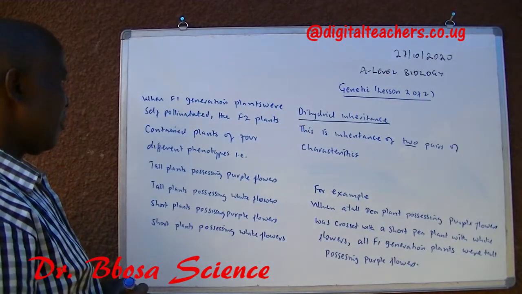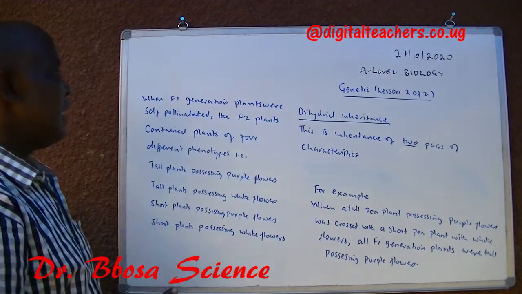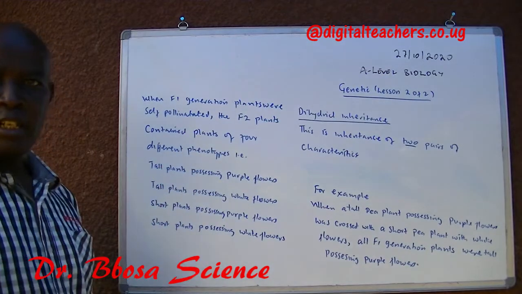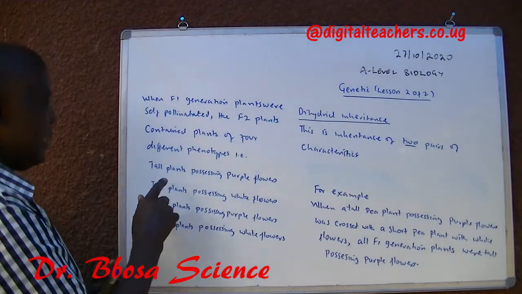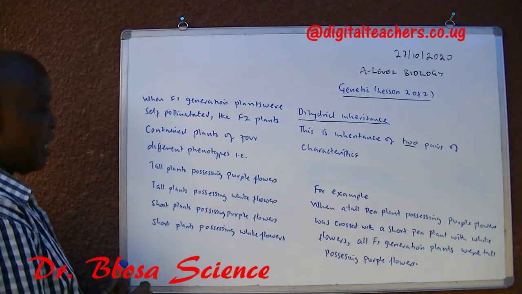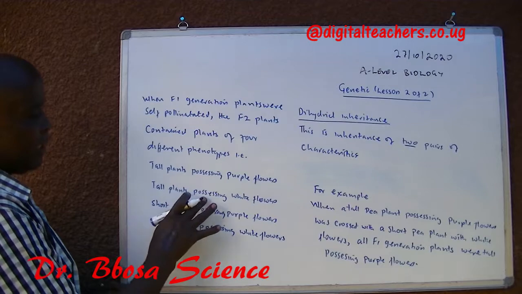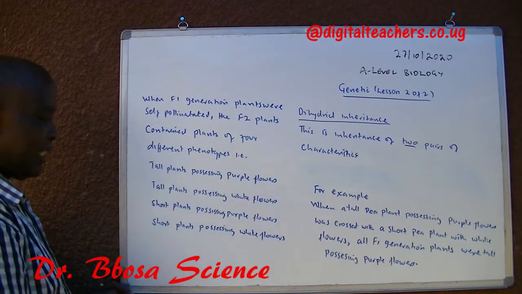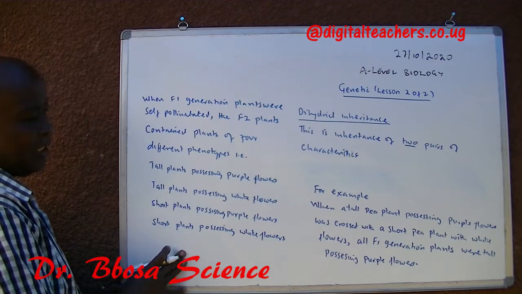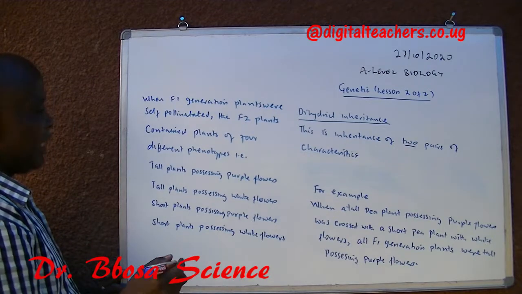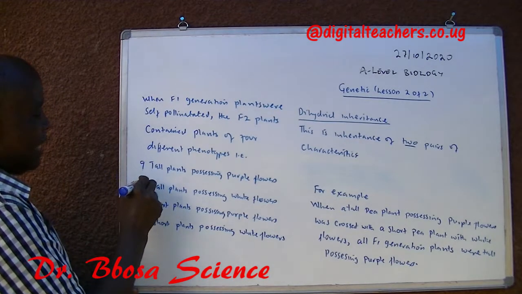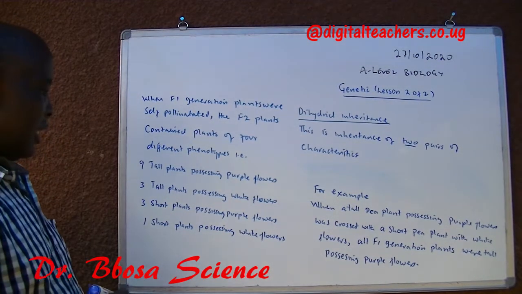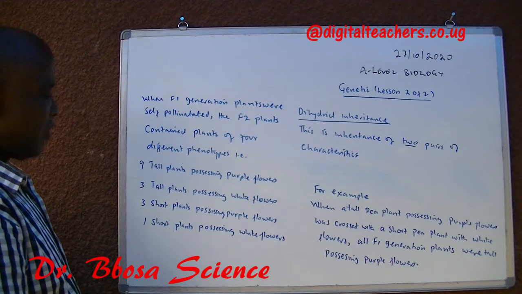When F1 generation plants were self-pollinated, the F2 plants contained plants of 4 different phenotypes, i.e., tall plants possessing purple flowers, tall plants possessing white flowers, short plants possessing purple flowers, and short plants possessing white flowers in a ratio 9 to 3 to 3 to 1. This can be illustrated as follows.